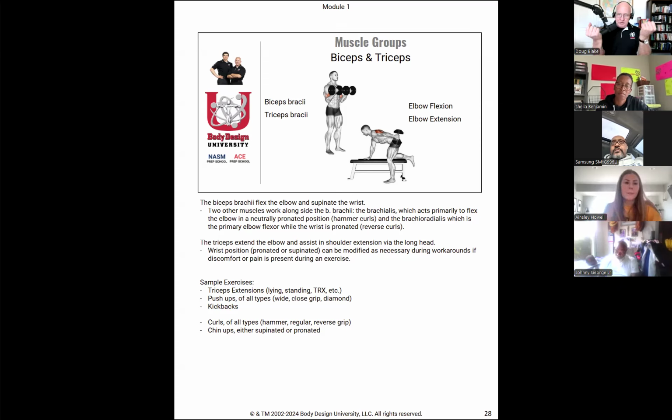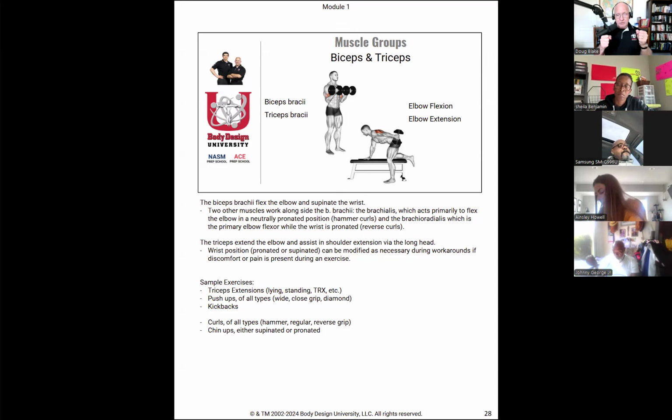When you go from a supinated position to a neutrally pronated position, you have now, from a biomechanical perspective, put your elbow and all the elbow flexors in the ideal position to pull and flex the elbow, which is why, in general, you will always be strongest in a neutrally pronated position when you train.